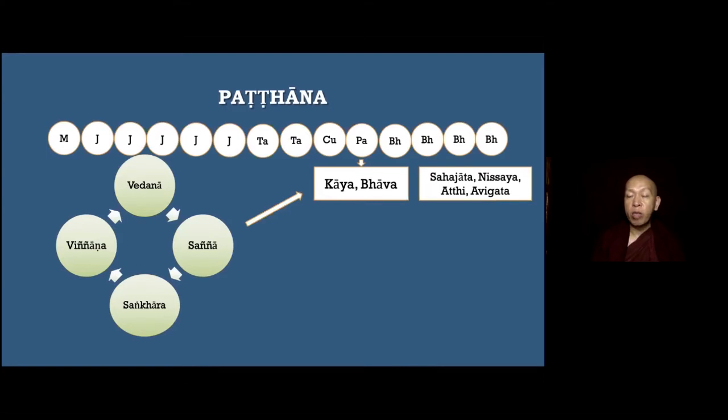Four groups, or four big sajata types: sajata, nissaya, atthi, avigata. So they will arise together, but they will not perish together. So the four mental aggregates will depend on the rupa.